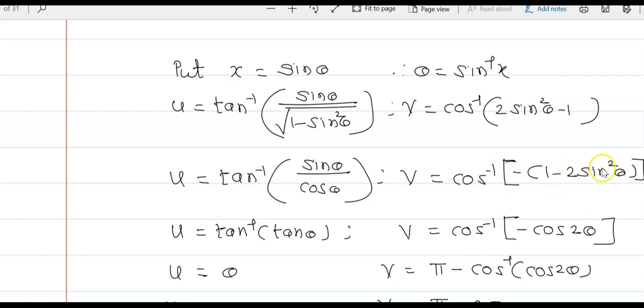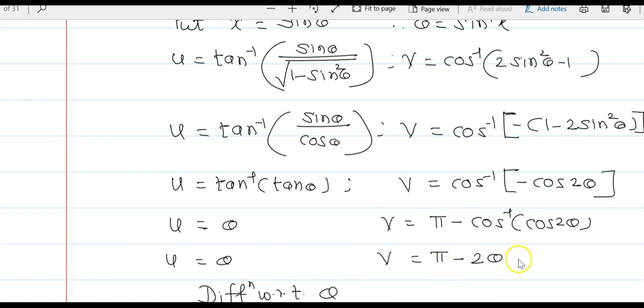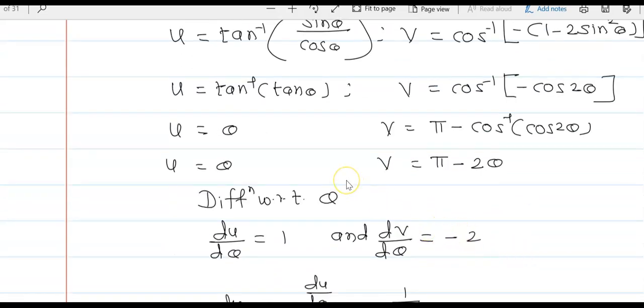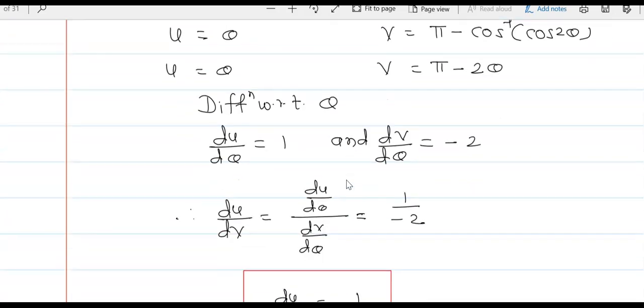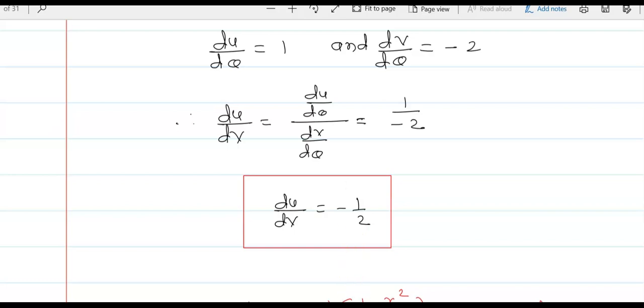But what is 1 minus 2 sin square theta? That is nothing but cos of 2 times theta. Now cos inverse of minus cos of 2 times theta is pi minus cos inverse of cos 2 theta. Therefore, v is equal to pi minus 2 theta. Now differentiate this with respect to theta. Well, we have to substitute the value of theta, but instead of that, we find this; it doesn't make a difference in the answer. Therefore, du by dv is equal to minus 1 upon 2.